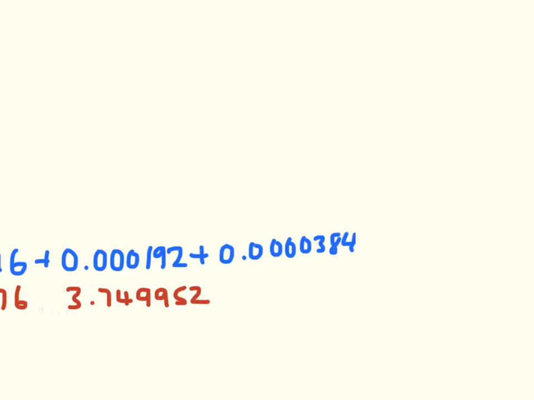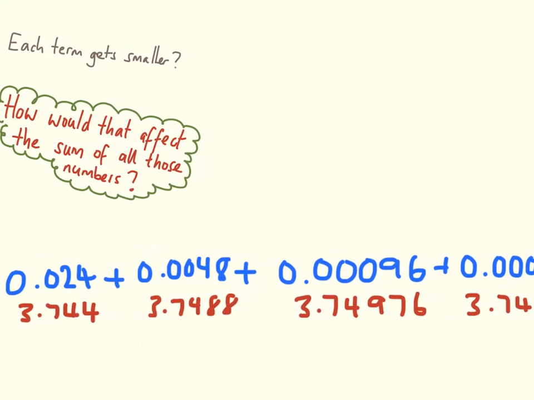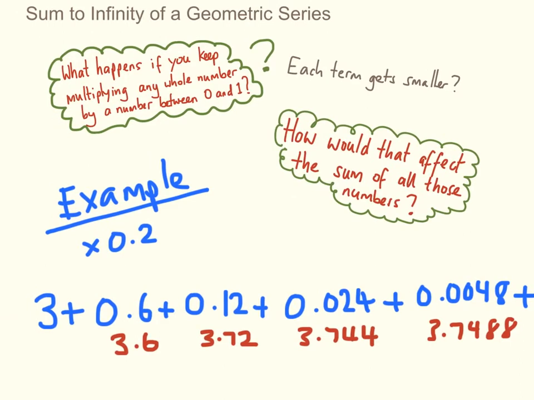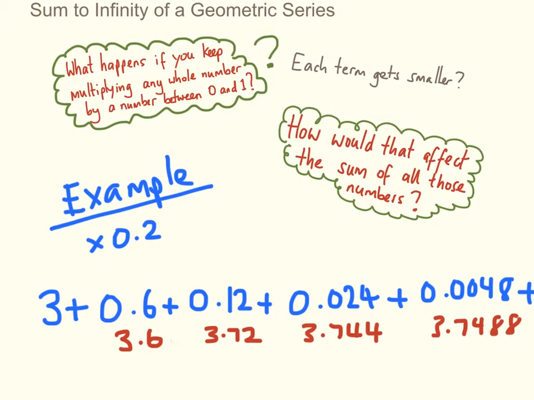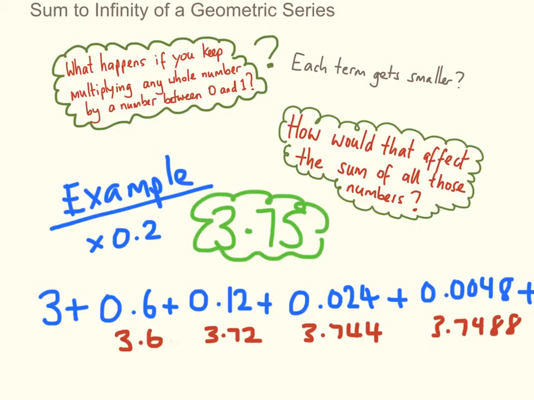And can you see, look, it's not having any effect really now on these numbers, is it? 3.749904. So I'm rounding to like 4 decimal places there. The last 3 terms I calculated would be the same. Okay? So what we could say is 3.75 would be a decent answer as my sum of that series.